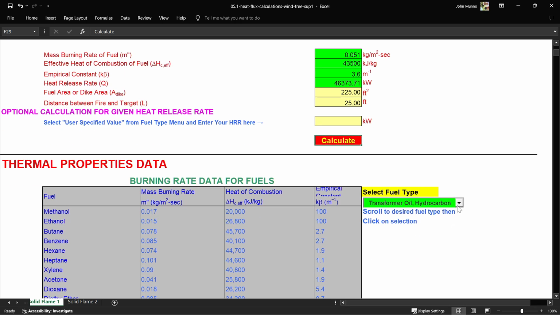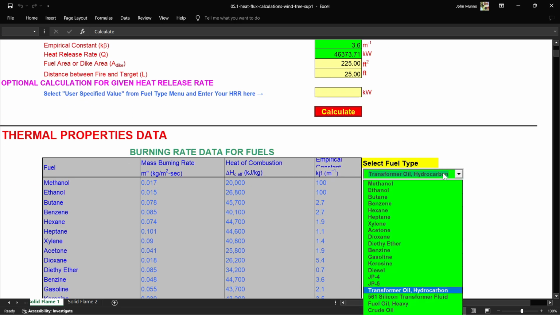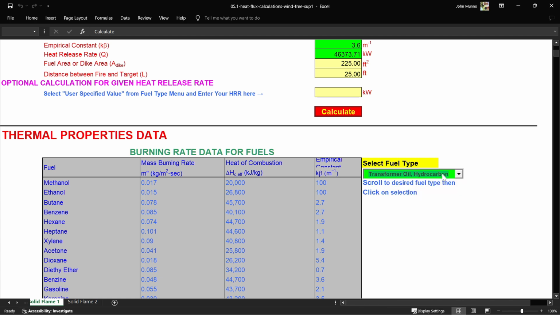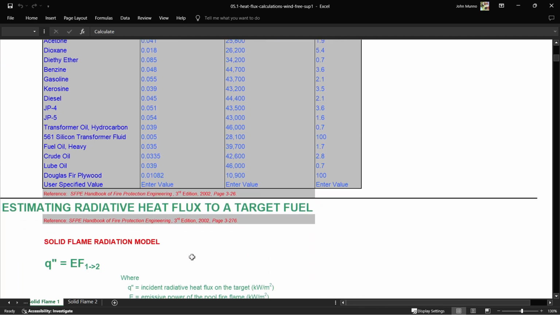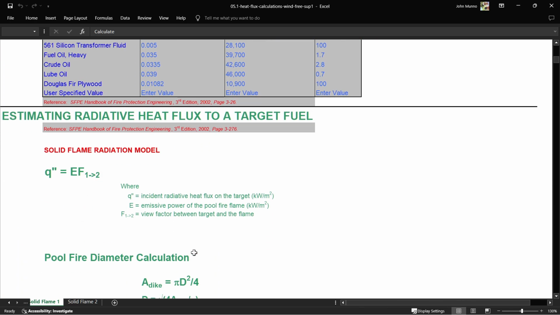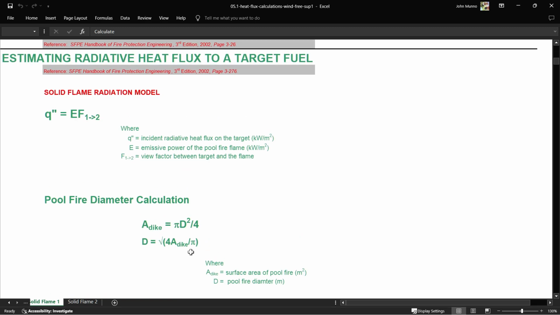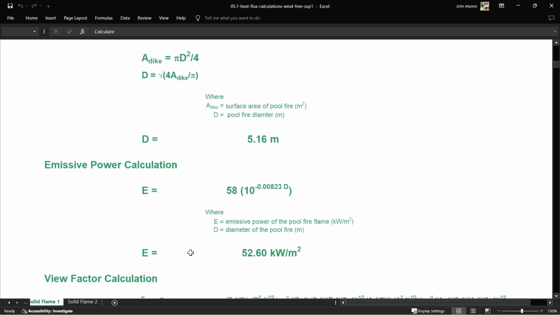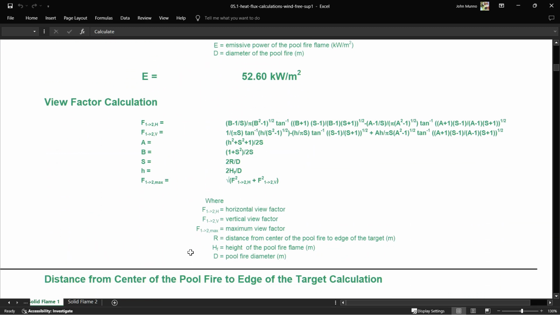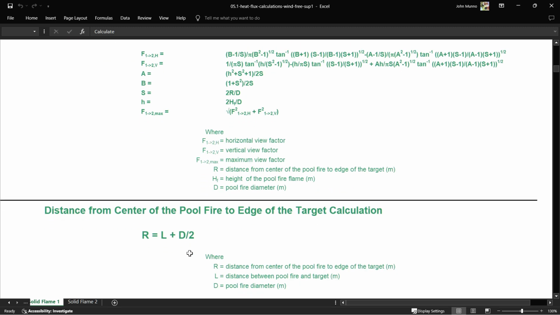we've picked our fuel, transformer oil, and when you hit this drop down box, you get your options of what fuel. Then from this table, it enters those constants into these formulas to first figure out what the fire is, and then, if the wind's not blowing and the fire's not tilted over, we're looking at it straight on.